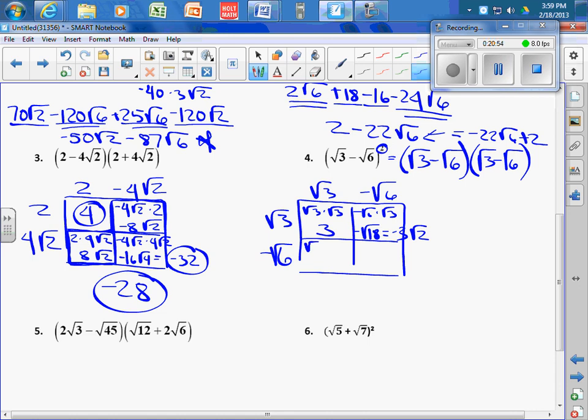Radical 3 times negative radical 6 is the same thing. Again, negative 3 radical 2. And then negative radical 6 times negative radical 6 is positive radical 36, which is 6.